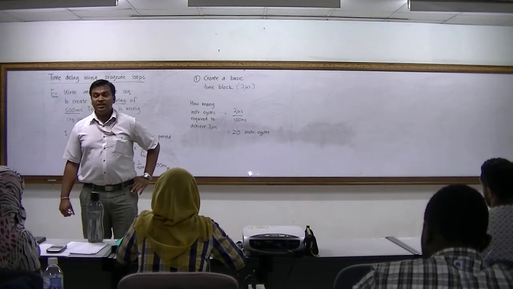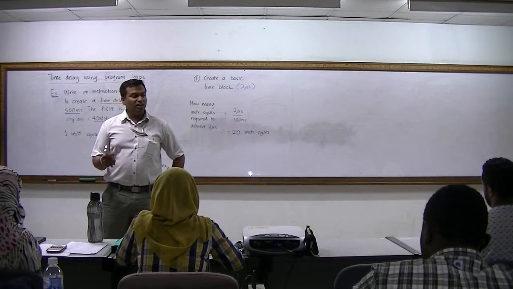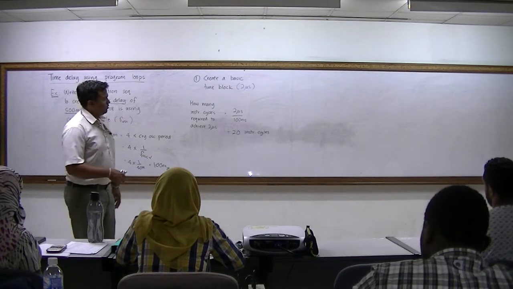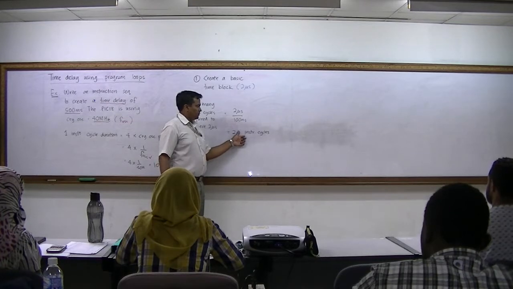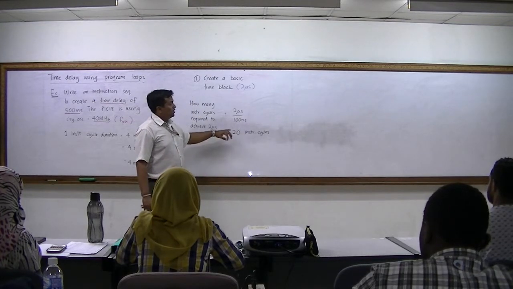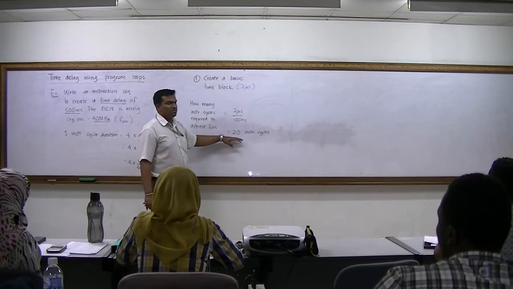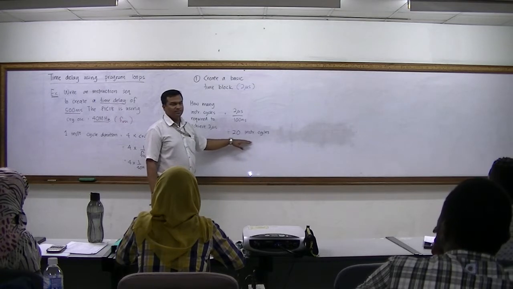Again, don't worry about writing. Worry about understanding. Whenever we do the calculation, make sure all of you do the calculation, so that you understand. So, in order for us to have this 2 microsecond delay, we need 20 instruction cycles, right?